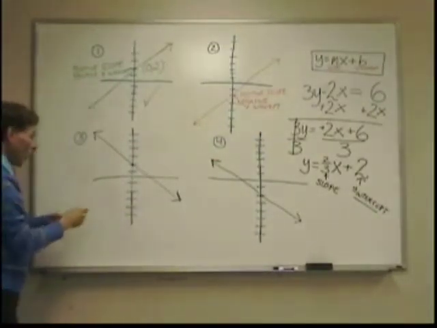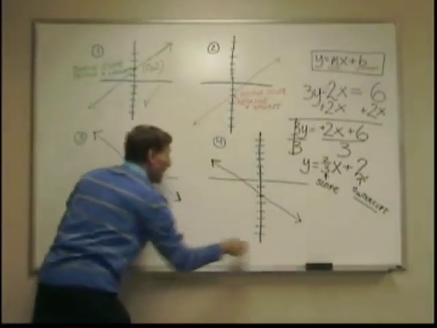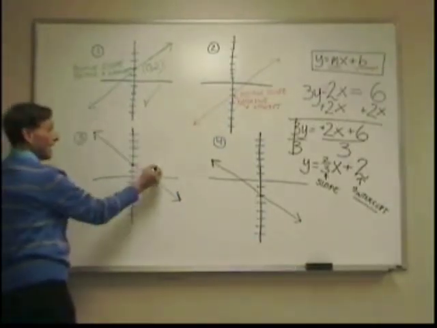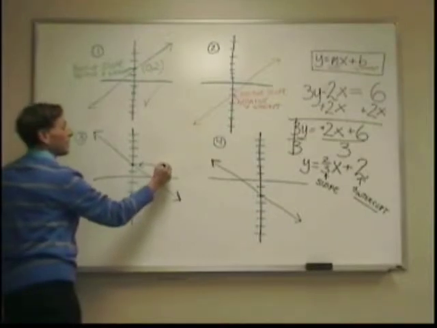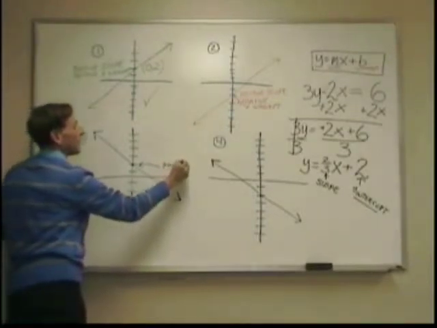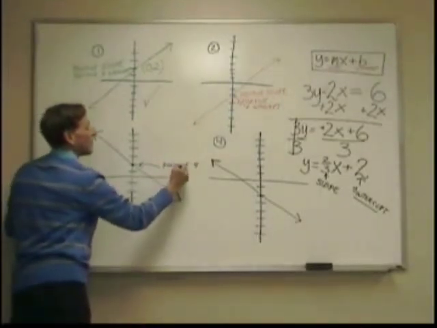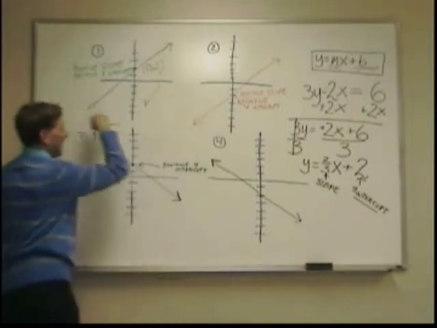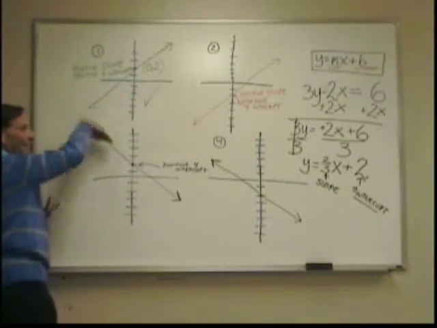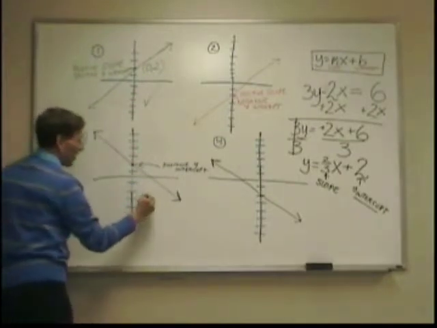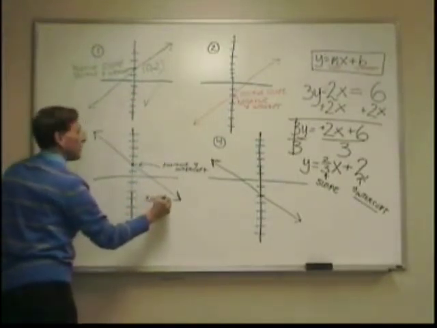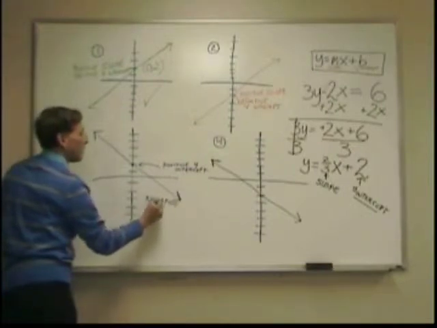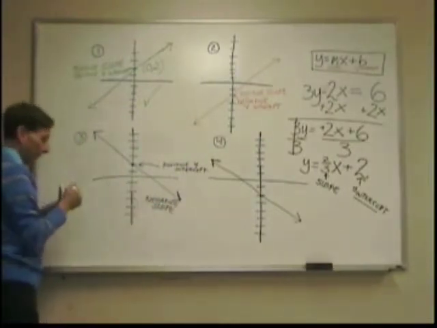Now this blue line over here, it has a positive y-intercept. But it's a negative slope. It's going downward from left to right. Negative slope.